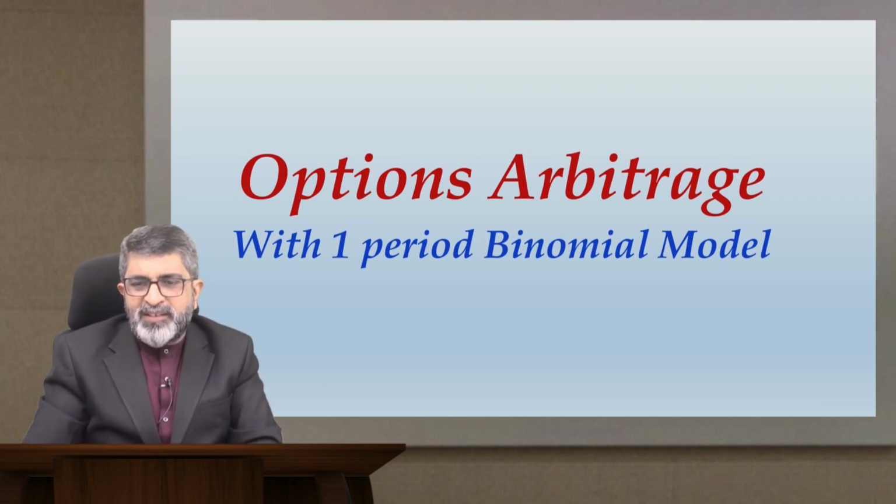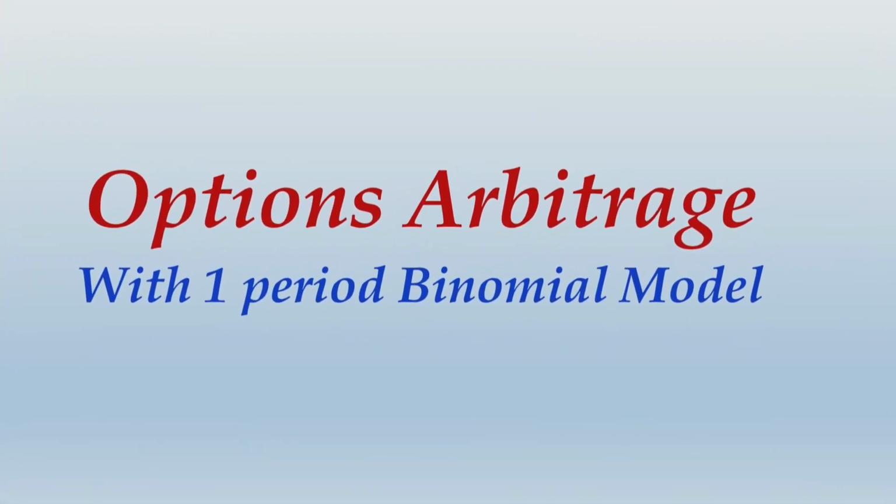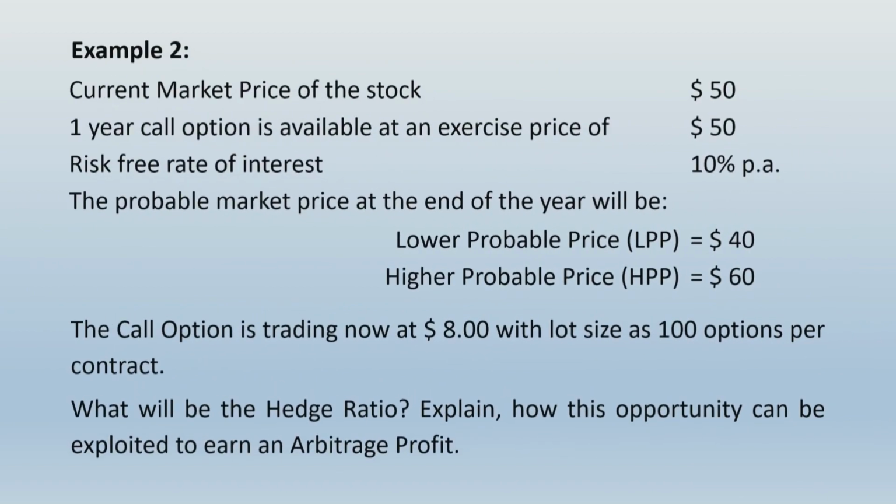For this purpose, let me also cover an example which will be a continuation of example 1. I am putting this as example 2, where the entire data given from beginning till end resembles the same data which was given to you under example 1.